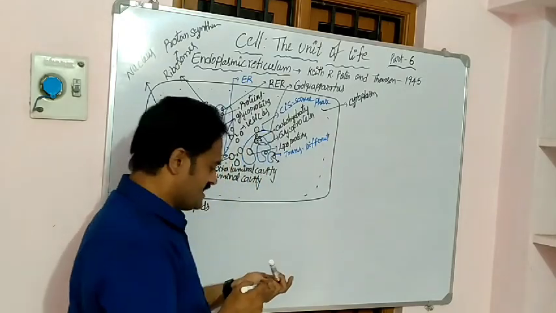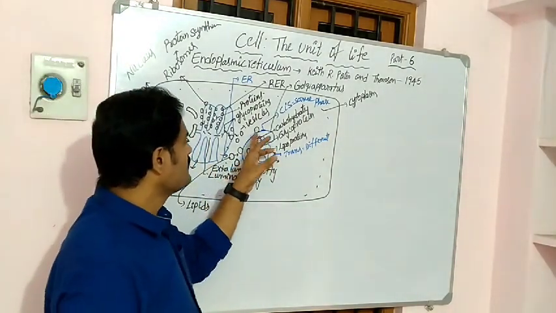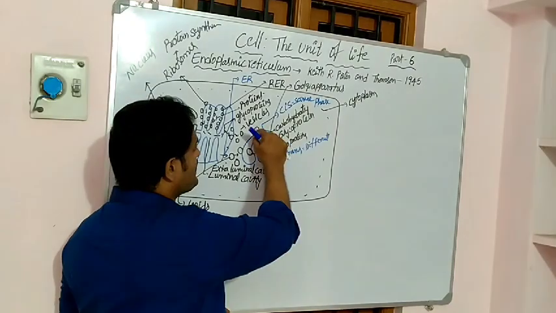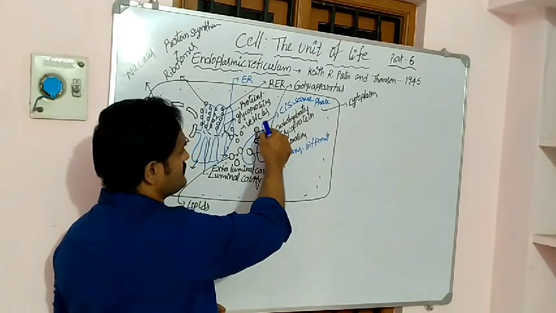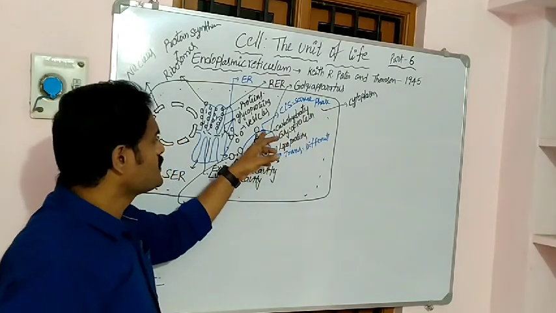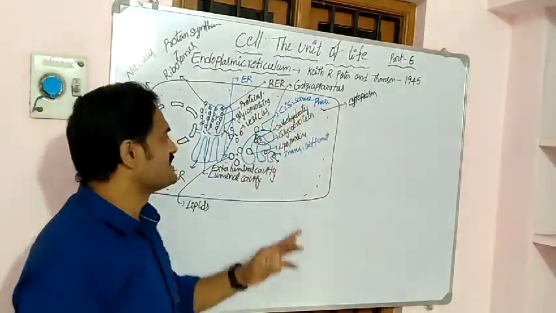Remember that the Golgi complex has two portions. One is where the vesicles come and attach to the surface area of the Golgi complex. That portion is called cis, meaning same phase.